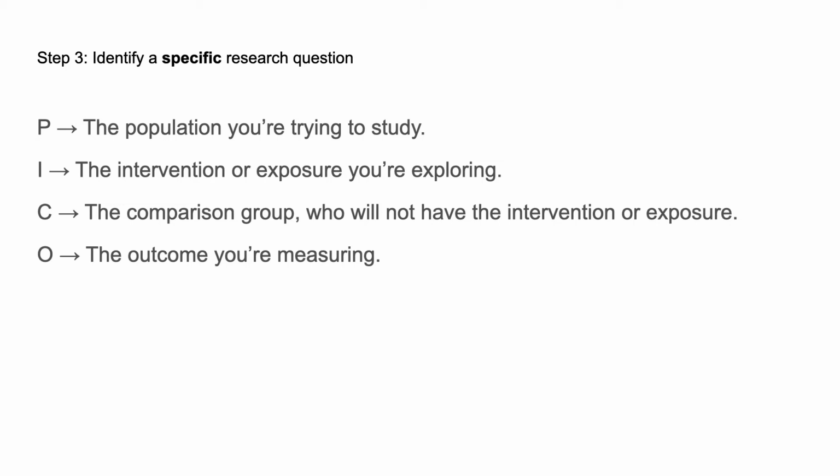But when you're writing your own proposal, it helps to keep the PICO in your mind to make sure that you're specifying all the details of your population, your intervention, and your comparison, so your study would be doable.